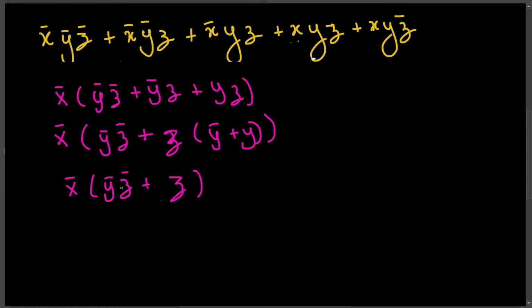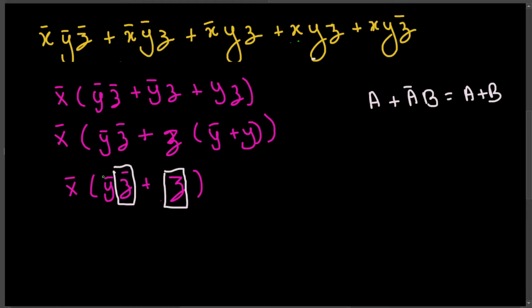Okay, now here I'm seeing y prime z prime z. There's another property in Boolean algebra that says when you have a plus a prime b, that is equivalent to a plus b. Now I'm seeing that pattern right here. If I think of this z as a, and this z prime as a prime, and this b as y prime, I can simplify this one.